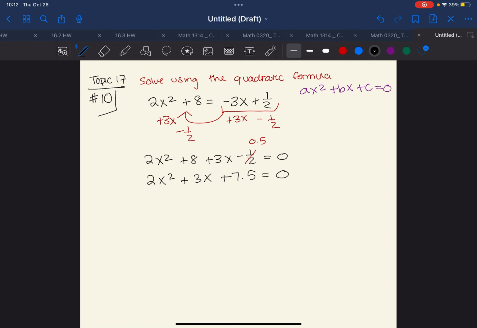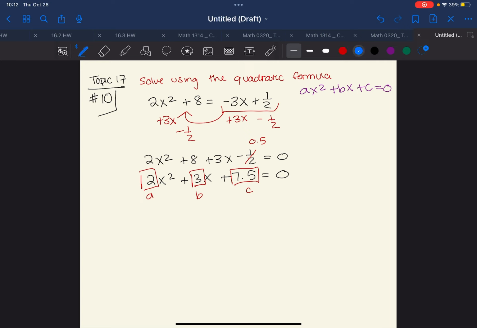Because remember, everything has to be in that standard form. Okay. Now that we have everything in standard form, we can label our A, B, and C. So our A is 2, our B is 3, and our C is 7.5.